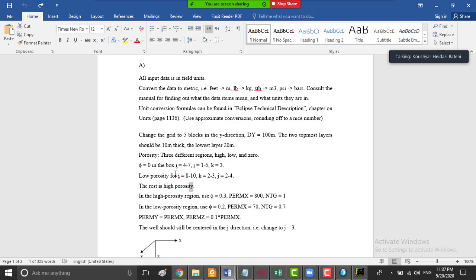And the rest of the cells have high porosity. Okay? In the high porosity region, the porosity is equal to 30%, and in the low porosity region, the porosity is equal to 20%. With keeping this in mind, that we have these three regions, high porosity region, low porosity region, and zero porosity region, we go back to the data file.